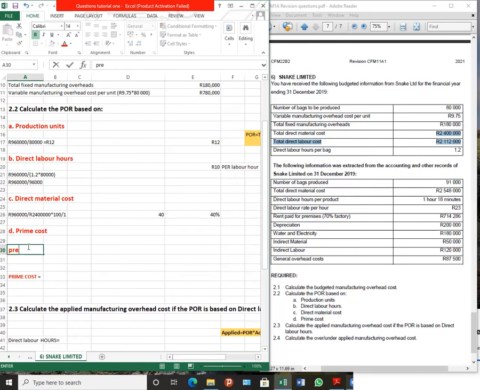Prime is equal to how much do we have for direct material? We have 2,400,000, plus our direct labor. How much do you get in total?